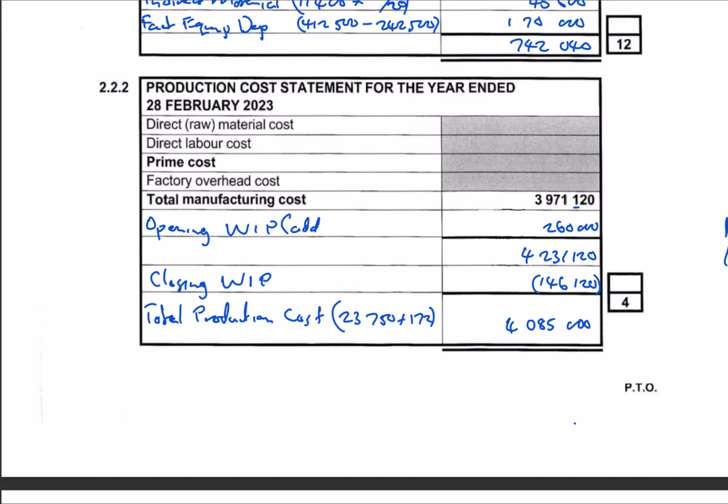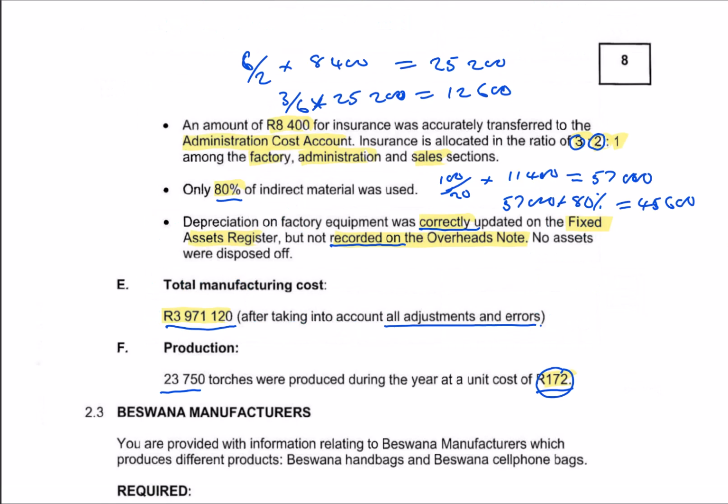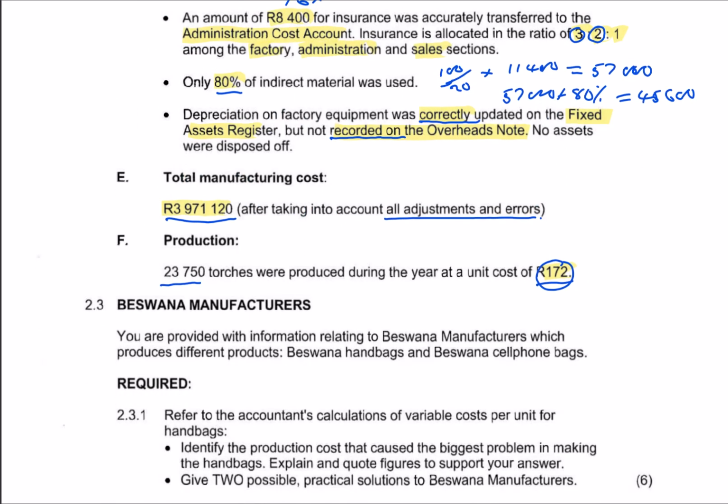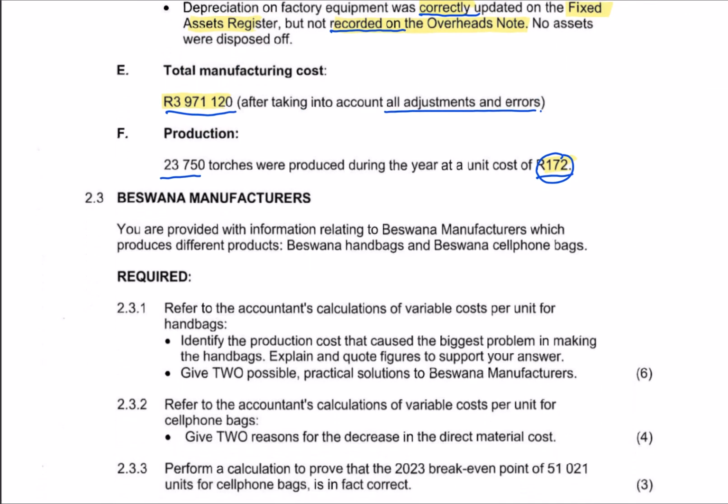Right, looking at the second part of the question. It says Botswana manufacturers here provided with information relating to Botswana manufacturers which produce different products: Botswana handbags and Botswana cell phone bags.